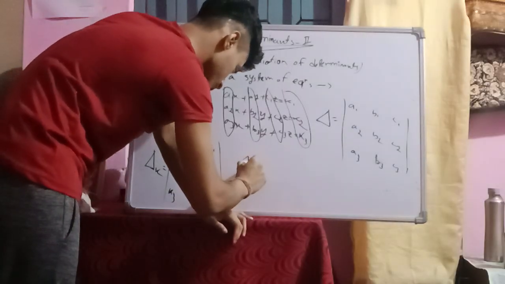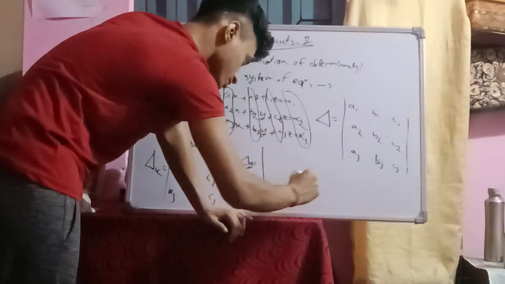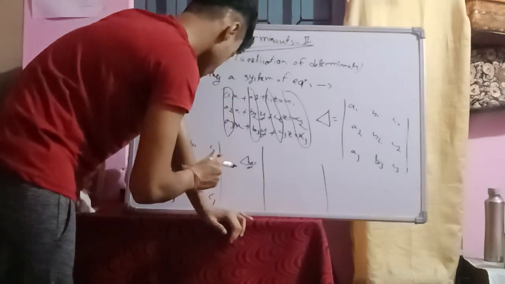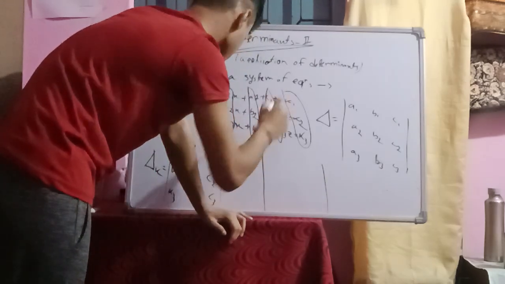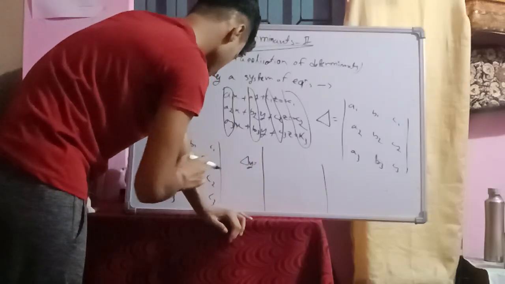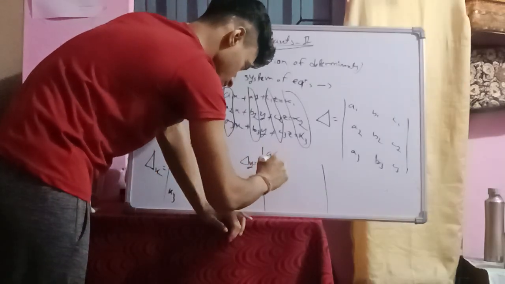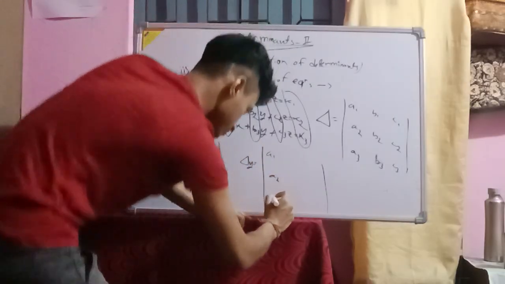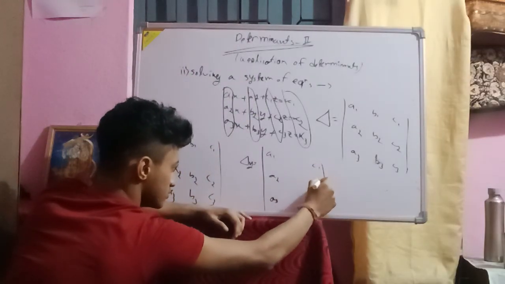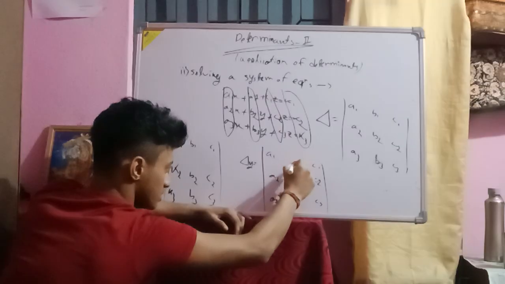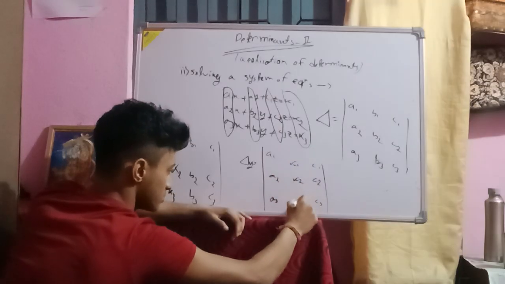Third determinant, let's call it delta y. Then again, we're going to replace the second column with these values, and the other two columns will remain the same: A1, A2, A3, C1, C2, C3, and in the middle K1, K2, K3.